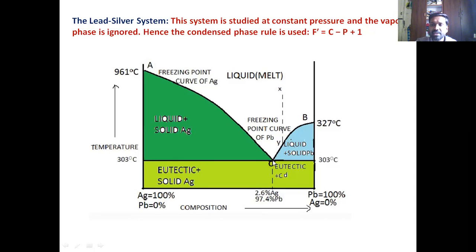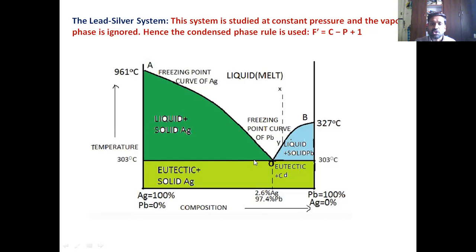So what is this eutectic point? As I told you, eutectic means easy melt. What is the significance of this eutectic point now? And even the composition of this eutectic point I have given. It is 2.6% Ag and 97.4% lead. So this alloy of this composition melts at what temperature? At 303 degrees Celsius. This is the lowest melting point possible for the system.